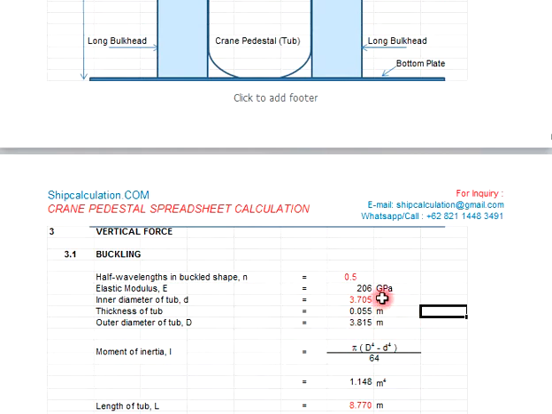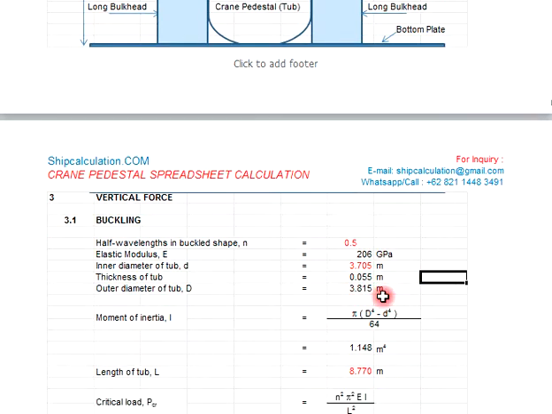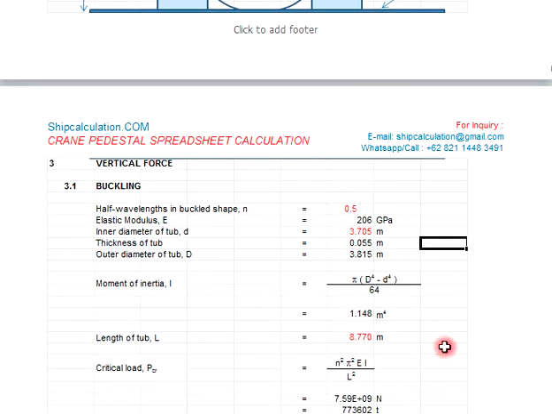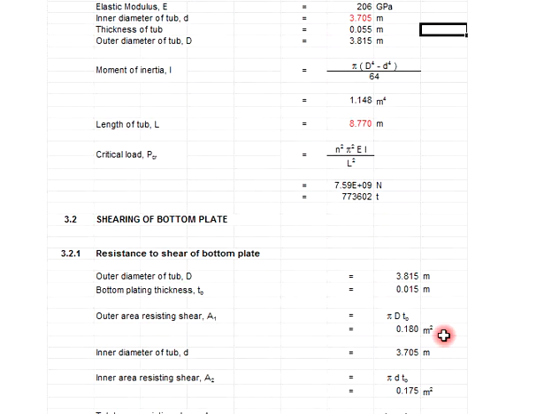So you don't need to change it, and then you will get the moment of inertia. The moment of inertia is pi times the outer diameter to the fourth minus the inner diameter to the fourth, divided by 64, so you will get the moment of inertia. Then you will also get the critical load.